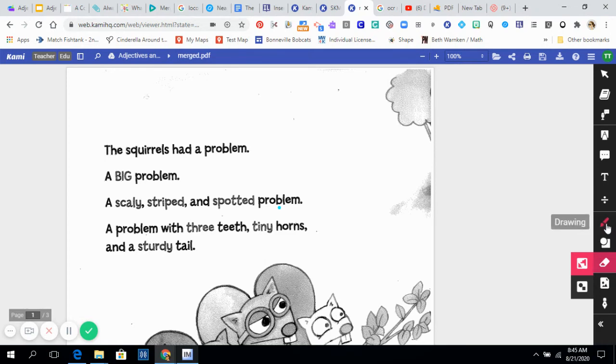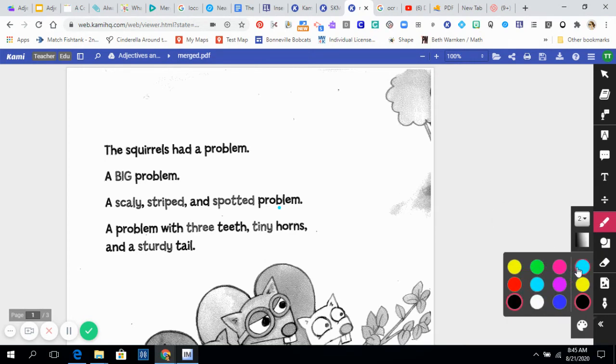So I'm going to get my highlighter, and I am going to pick turquoise, and I will underline this, and I will signal that big is changing. It's describing the problem. And I am going to continue reading.